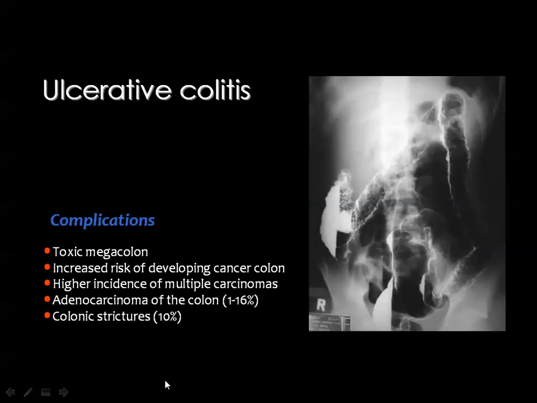The complications of ulcerative colitis include toxic megacolon, which I will mention in a moment, and increased risk of developing carcinoma of the colon. Ulcerative colitis is one of the predisposing factors for carcinoma, and you may get multiple carcinomas in the colon, and of course strictures in the colon are also seen together with perforation.